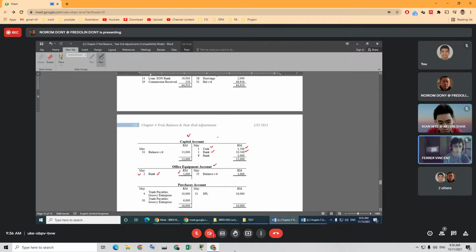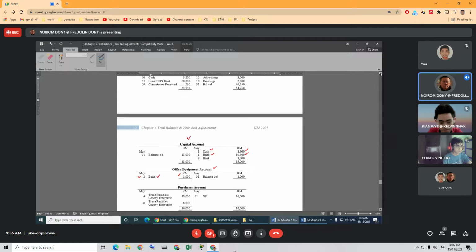Yes. Okay, so I can continue. On the 4th, purchase 50 units of goods at 200 each from Groovy Enterprise on a credit term of 30 days. So the prime entry should be the purchases journal, but we are not required to open that. We are only required to do a ledger account.